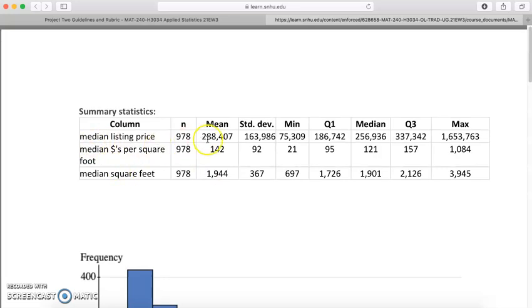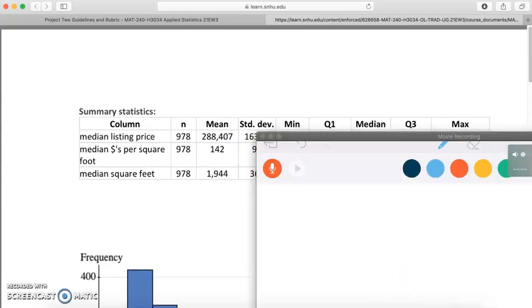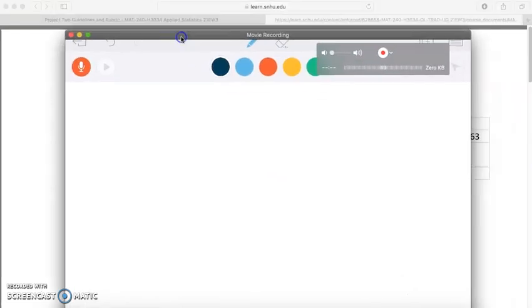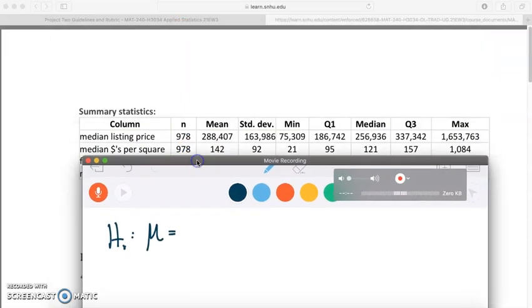So our median listing price, our mean, is 288,407. When we're looking at that first test, where we want to see if our listing prices are higher than the rest of the country, we have H naught: the mean is equal to 288,407.